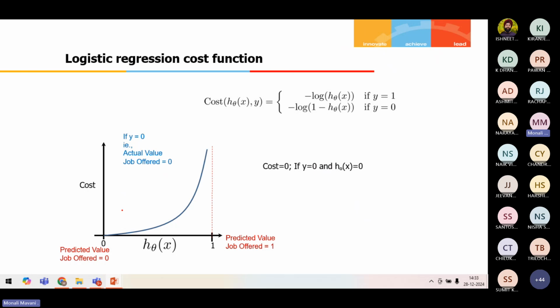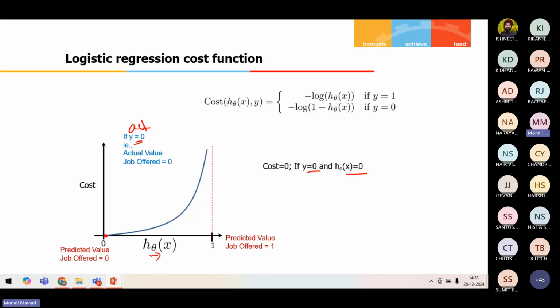Now the same thing we will interpret for class 0. If the actual is class 0 and the predicted is also class 0, the cost is going to be 0.